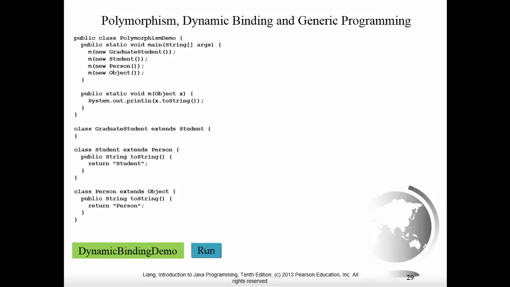In this example, we're showing again the graduate student extending from everybody, and in this case, we've just created a better output using a toString. So in our basic main, the first thing we do is create a graduate student. Our graduate student class extends our student class.